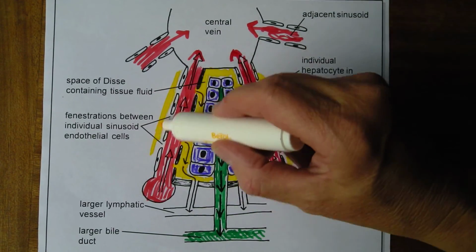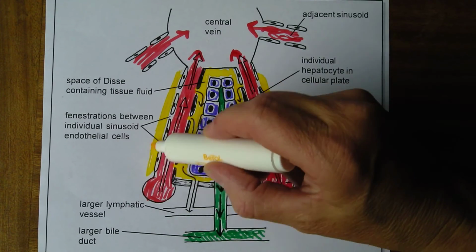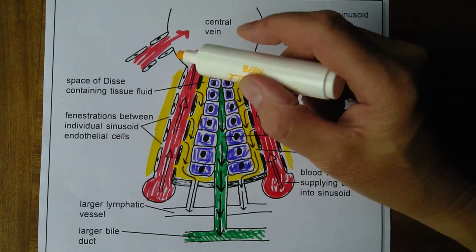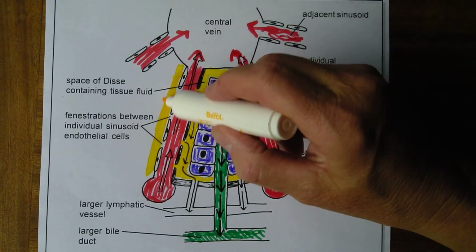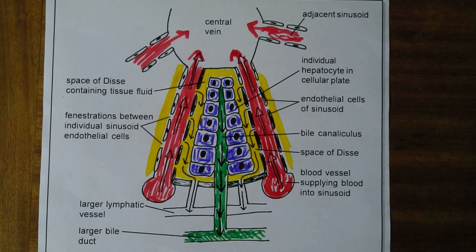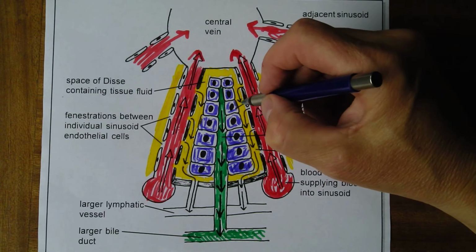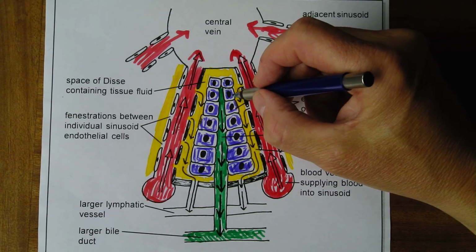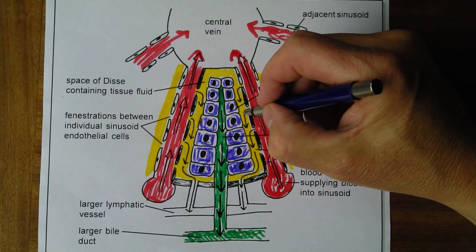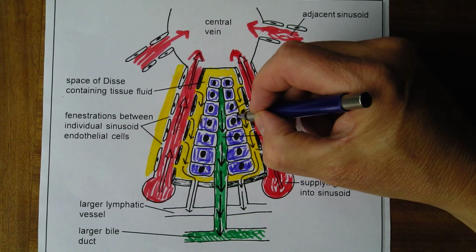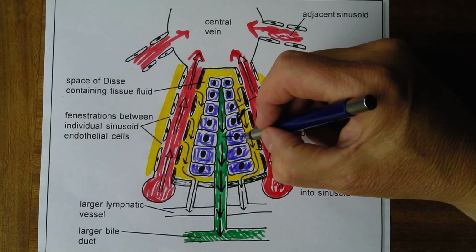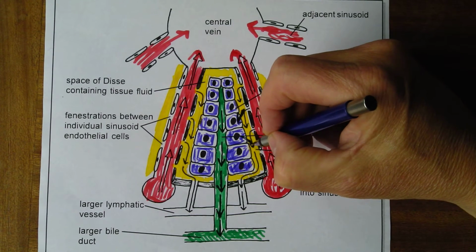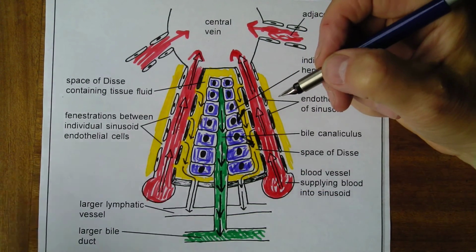This perisinusoidal space used to be called the space of Dis. And that means that material from the blood comes into contact with the hepatocytes, so material can be taken into the hepatocytes for processing. Once processed, it can leave the hepatocytes and drain.